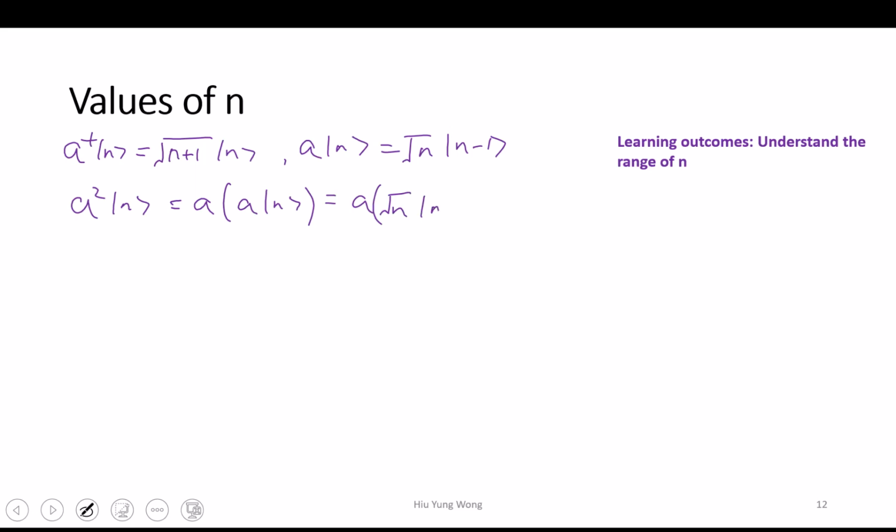Square root n, n minus 1. Now I do one more time, what do I get? Square root n, square root n minus 1, n minus 2. I lower it from 10 photons to 9 photons, apply one more time to 8 photons. And I keep accumulating this constant, because square root 10, square root 9, square root 8, if I keep applying this many times.